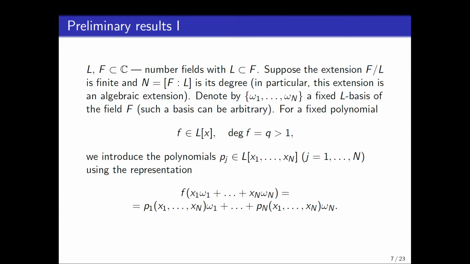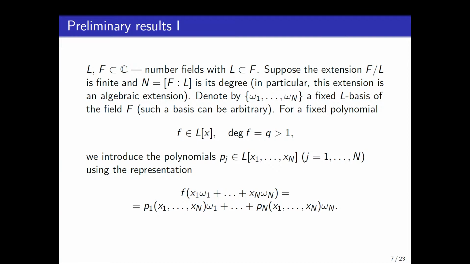Okay, first we start with the definition of the extension. So suppose we have the field L, and the extension of L is finite, and let's treat it as a vector space over L. When we treat it as a vector space, there is a notion of basis, and so let omega 1 to omega n be a basis of this vector space, and we call it an L basis.